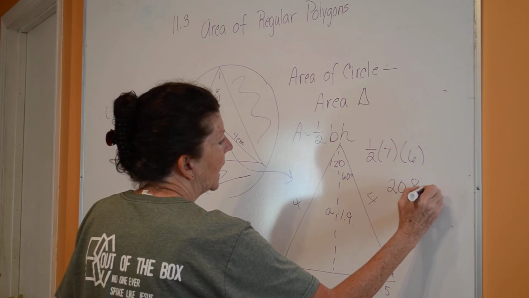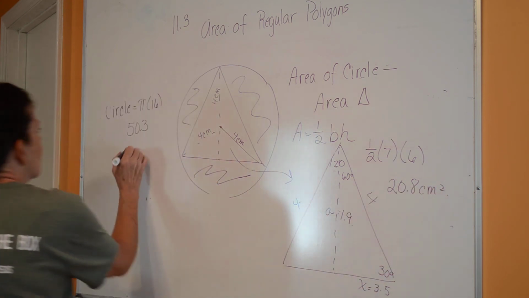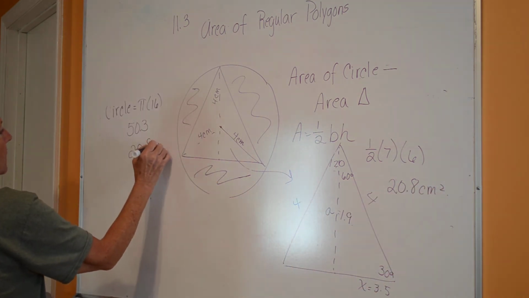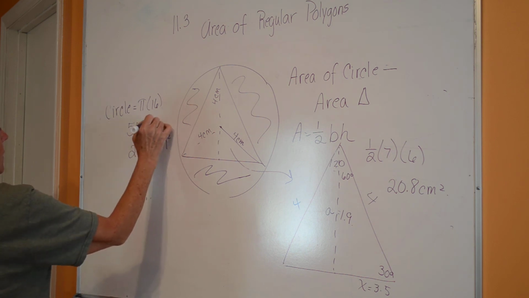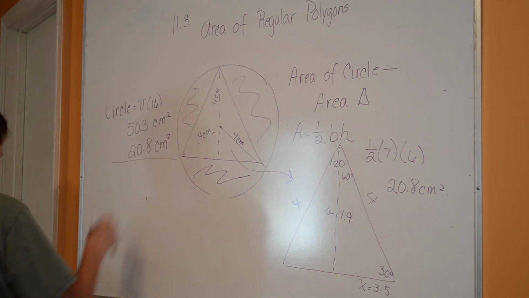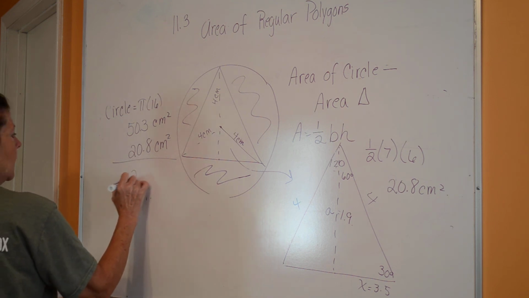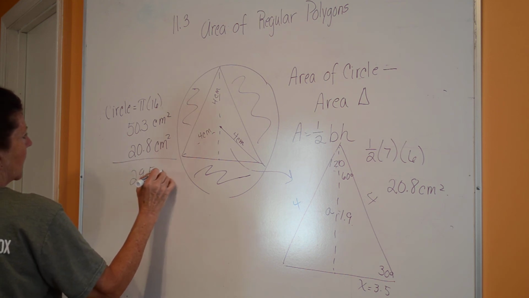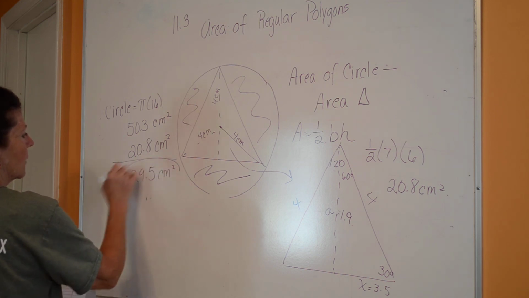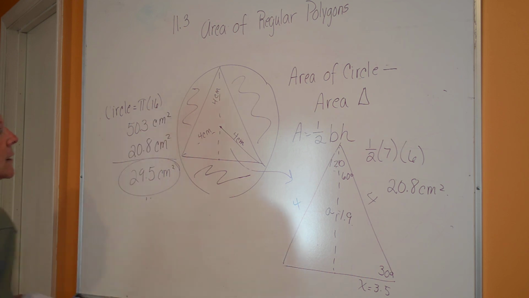So it's 20.8 centimeters squared, which I'm going to subtract from that, which is going to give me an answer of 29.5 centimeters squared. And that's the area of the shaded region.